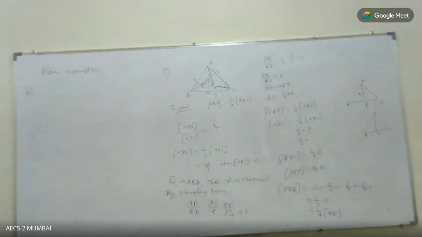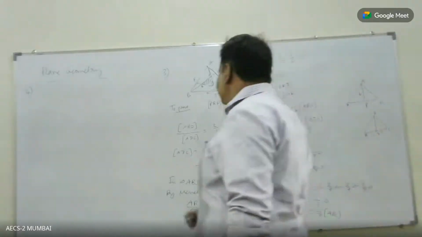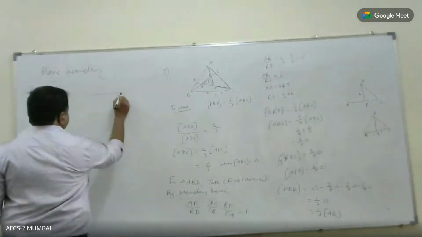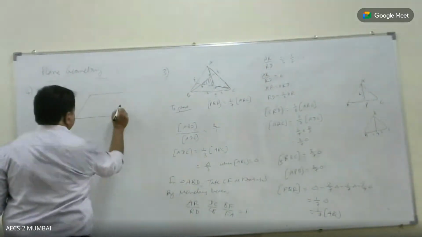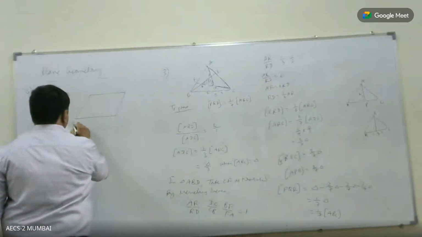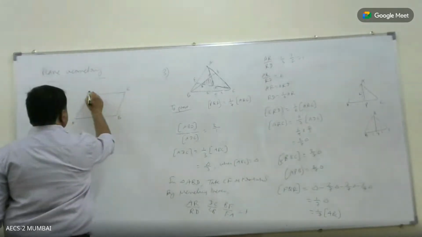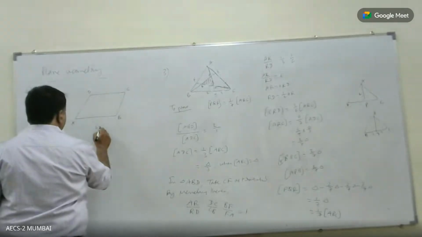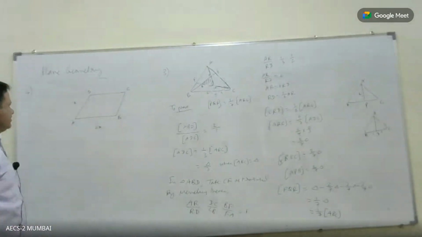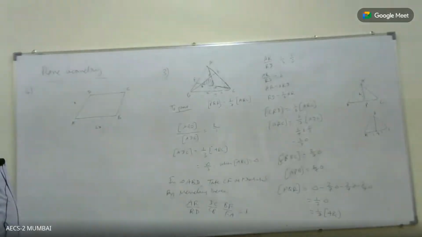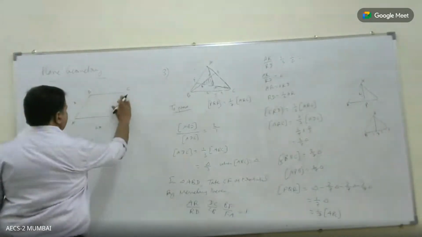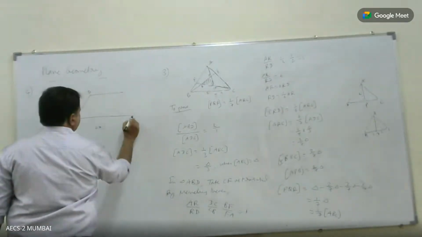See children, here ABCD is a parallelogram. This is 2x, this is x. Let me go by scale.